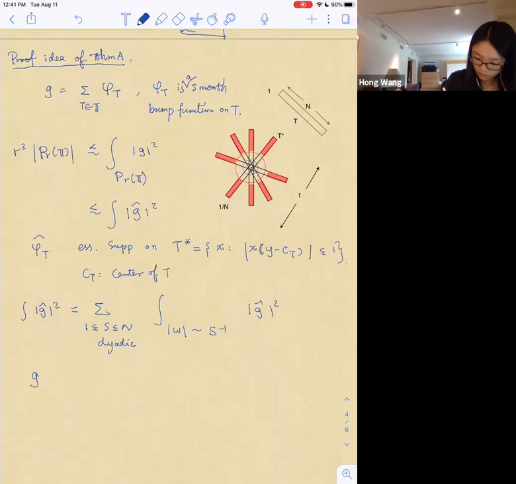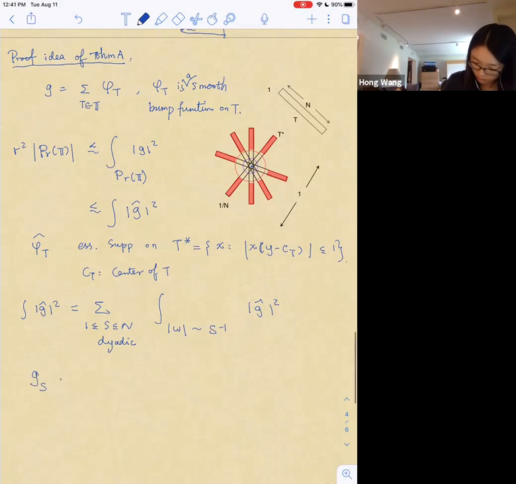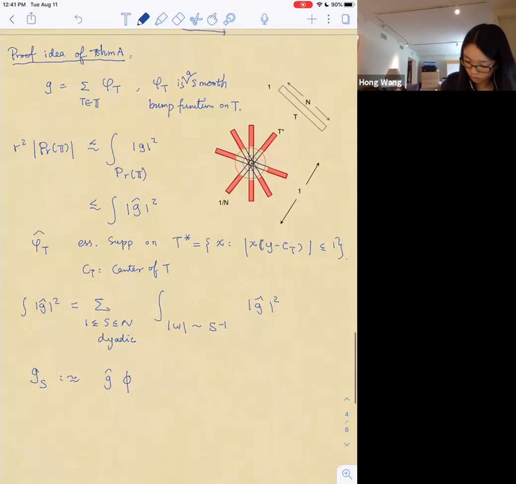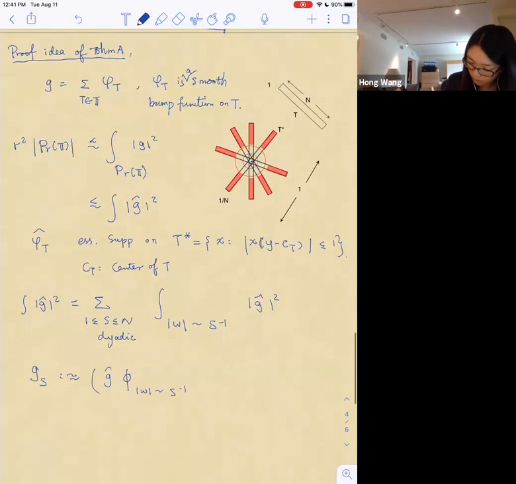We can define G_S as the restriction of G to frequencies about S to the minus 1. So this phi, absolute value of W about S to the minus 1, is a bump function supported on the frequency space that lies on the annulus of radius about S to the minus 1.